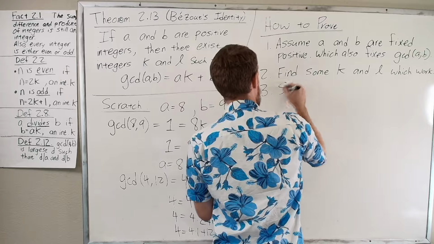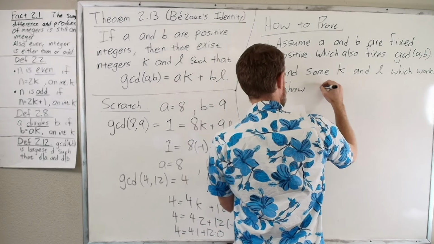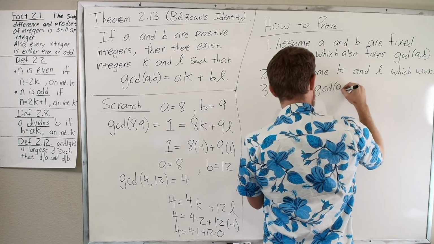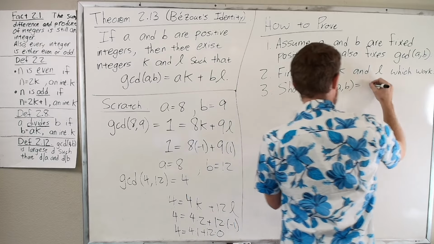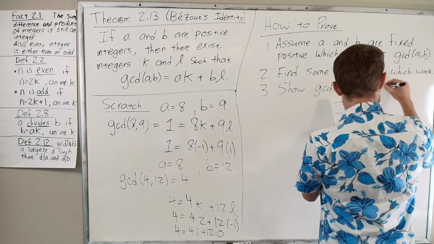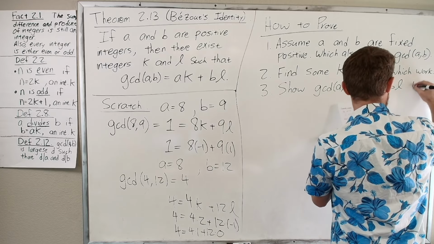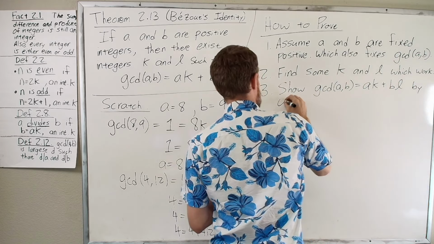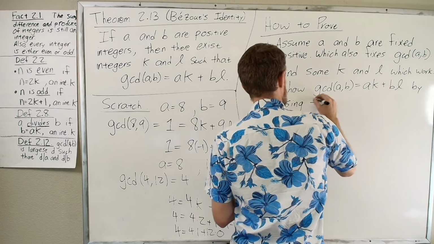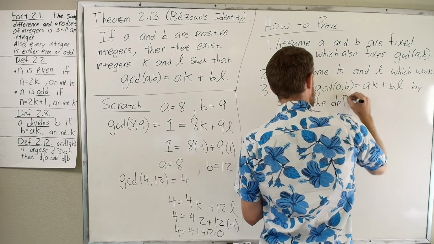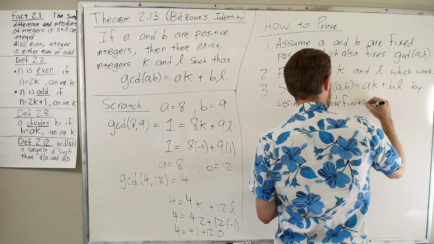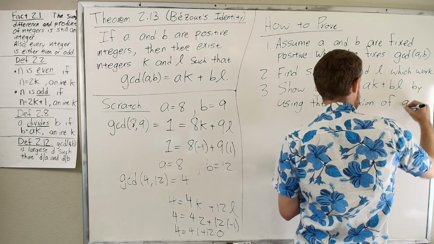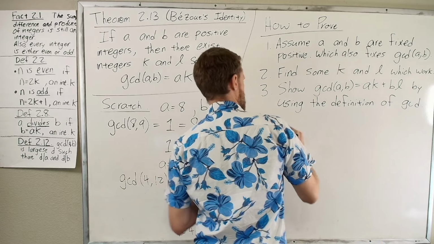Step 3 is going to be to show that the GCD of A and B does indeed equal AK plus BL, so that it does work, by using the definition of GCD. So what do I mean by that?